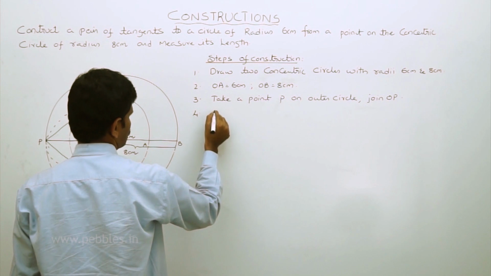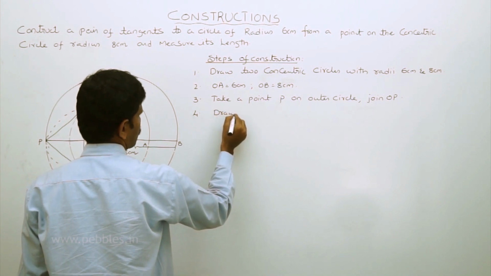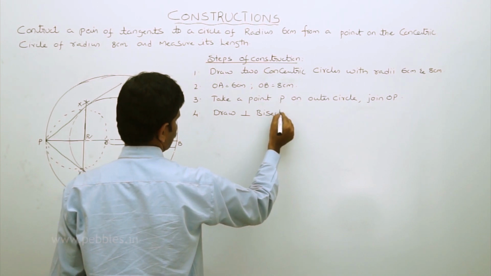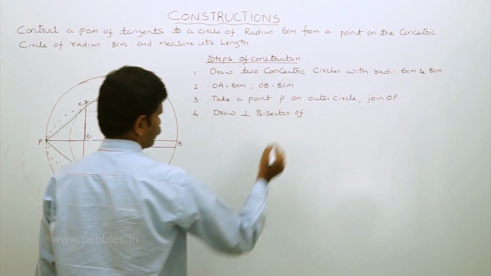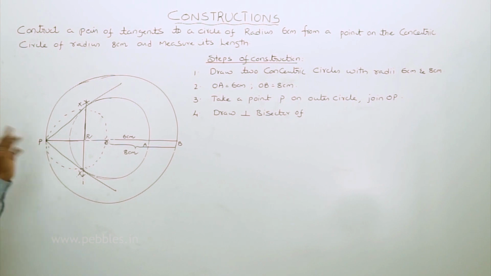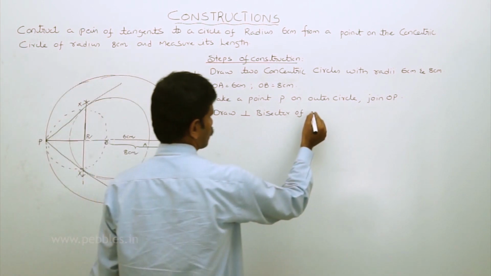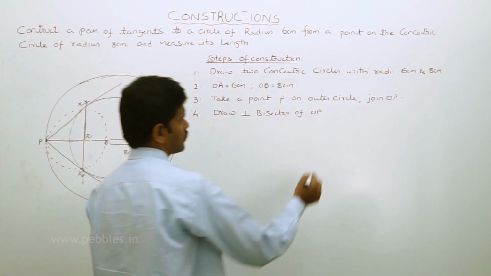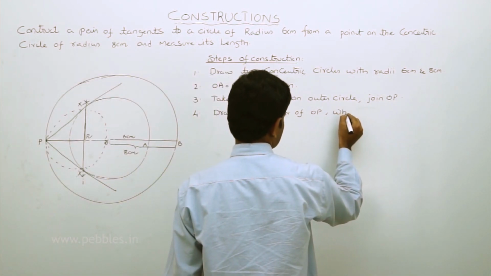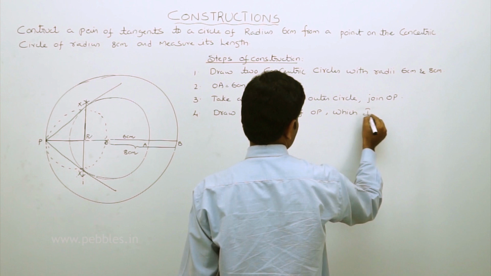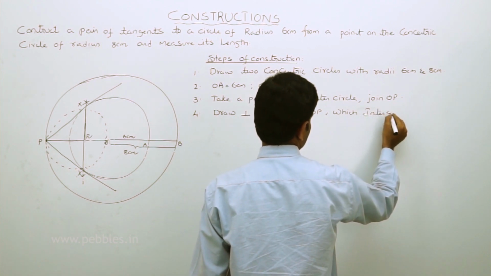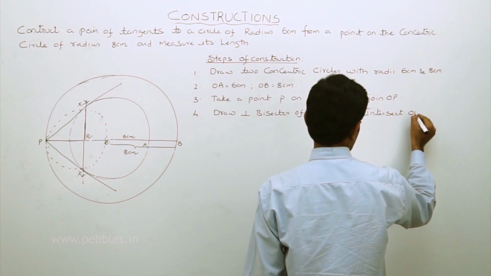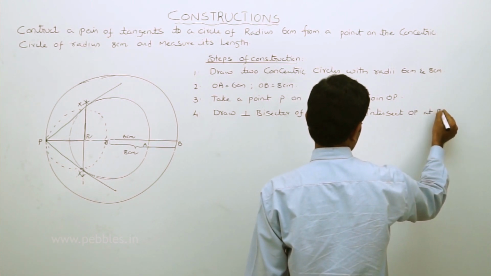Next, draw the perpendicular bisector of OP, which intersects OP at R.